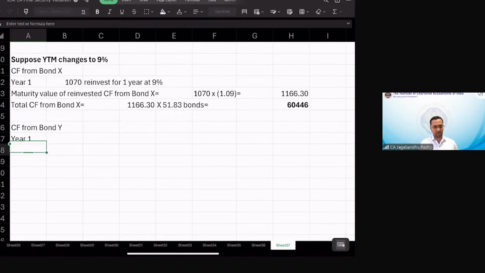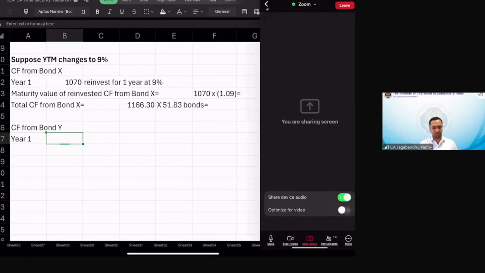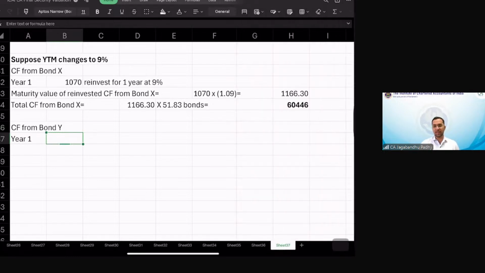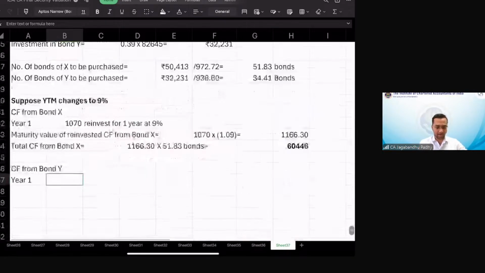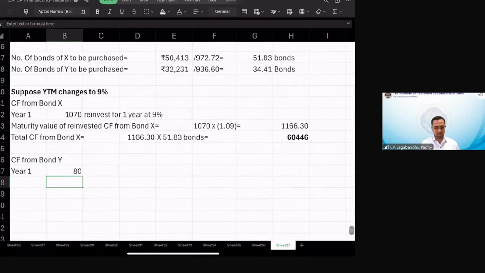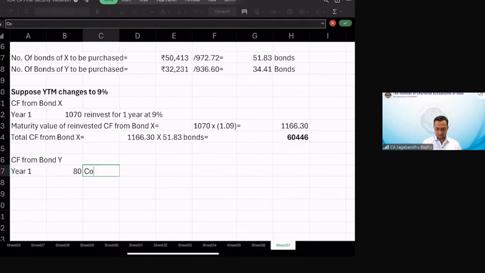In year 1, what will be the cash flow from bond Y, guys? Can I say bond Y is giving us a coupon of 80 rupees? So year 1, coupon on one bond.